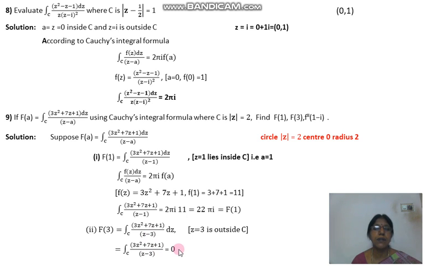This integral value is equal to 0 because this point lies outside C.